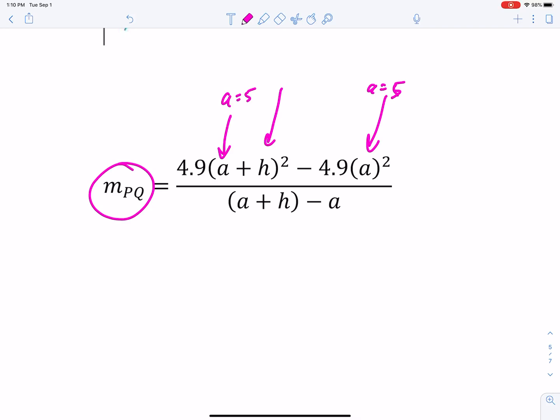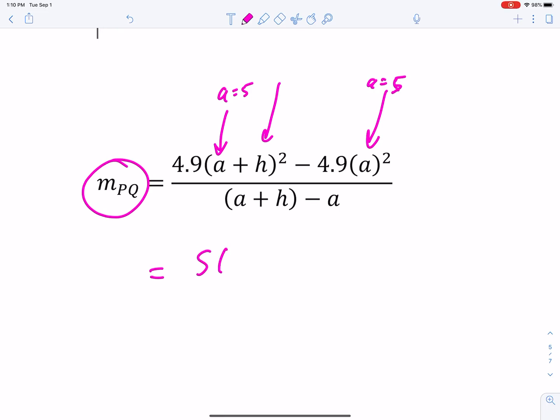Once we understand limits, we'll be able to do problems like this more easily. In the grand scheme of things, we're going to look at the position function evaluated at a plus h amount of time, minus the position function at the specific time a, over this small difference, h.